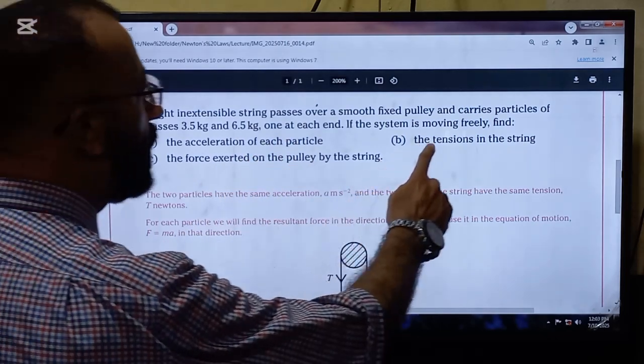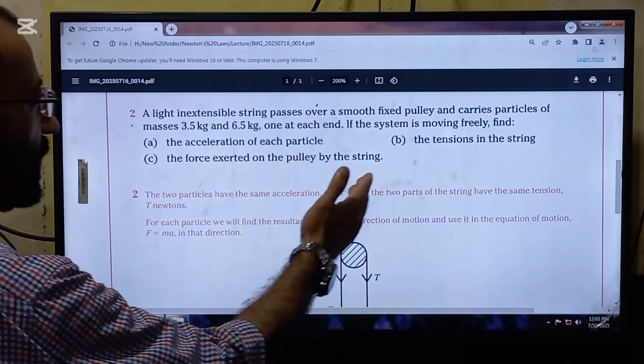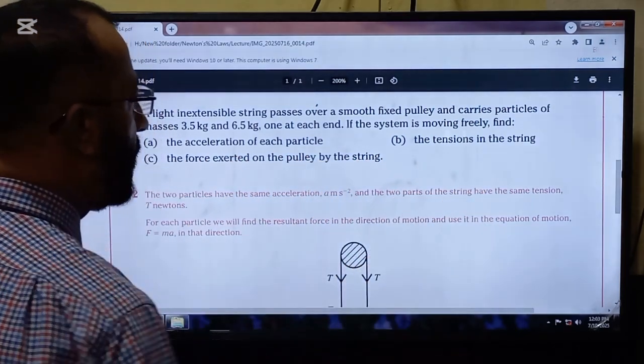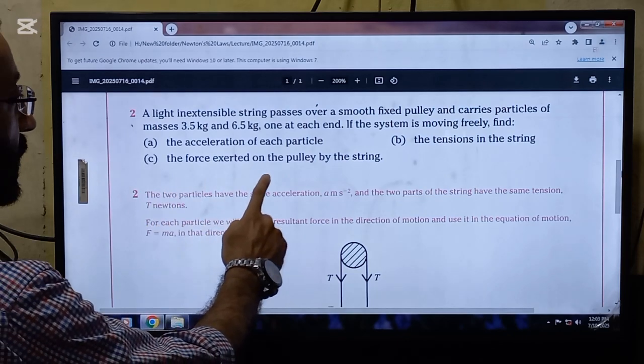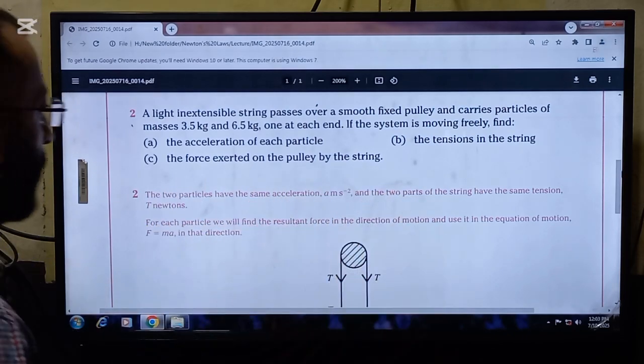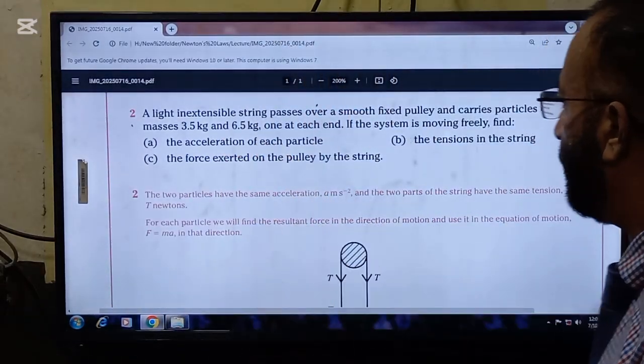These are the masses of the two bodies connected through an inextensible string passing over a smooth pulley. If this system is moving freely, find A part, the acceleration of each particle, B part, the tension in the string, and C part, the force exerted on the pulley by the string. So concentrate yourself. The masses are 3.5 and 6.5.